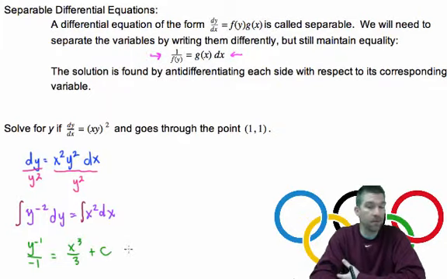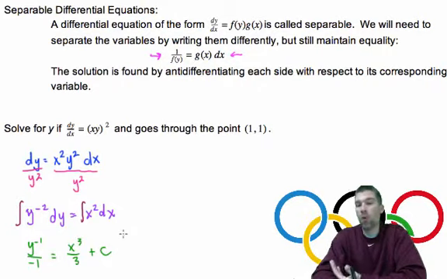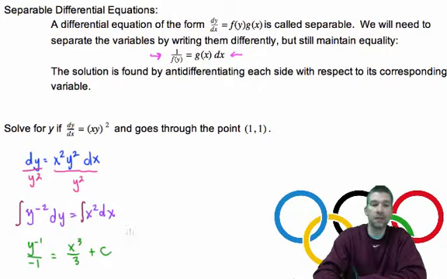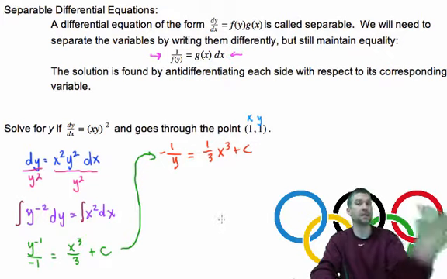Hey, that's not too bad, okay? So what they want to know is, if we go through the point (1, 1), what's happening? Well, another way to think of this equation is that we're working with negative 1 over y equals 1/3 x cubed plus c. And I think one of the most difficult things to remember in calculus is that anytime they give you a point, they're telling you, hey, x is this, y is this.